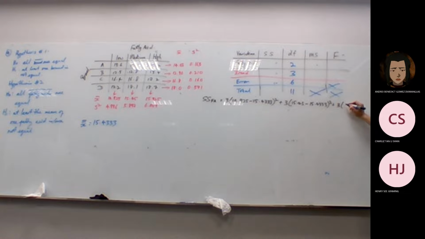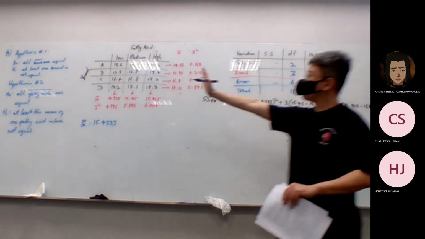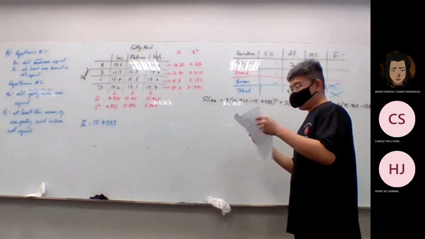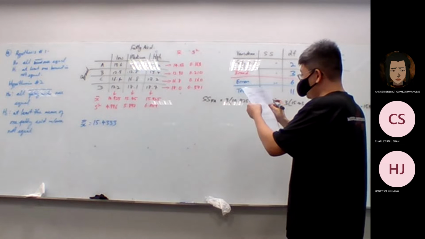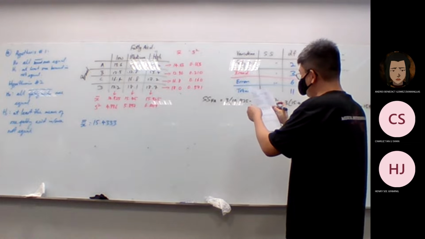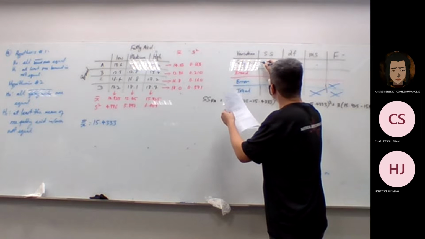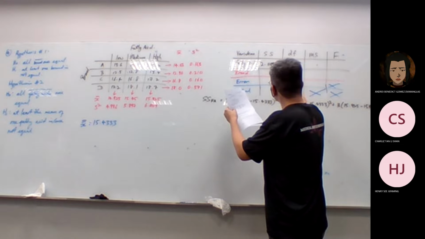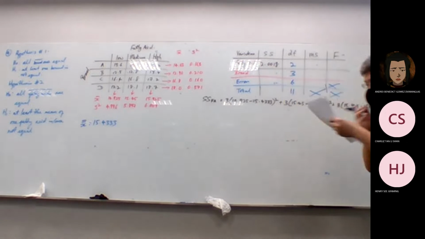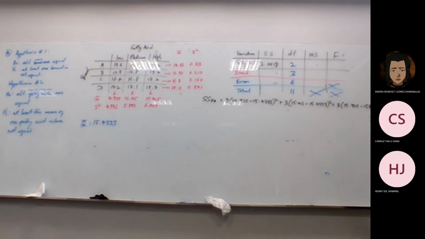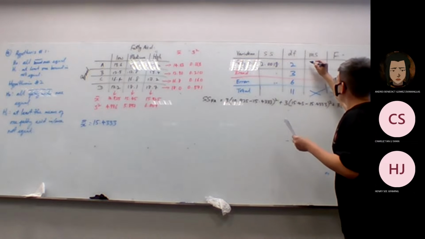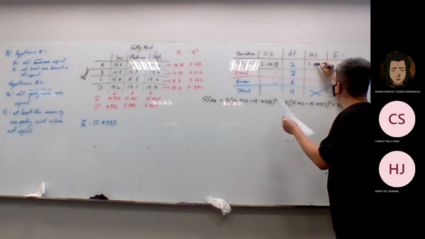So you end up with 15.925. Okay, just do one set first. And for that, it gives you, for fatty acid level, sum of square is 2.0018. So 2.0018 divided by 2, you end up with 1.0009.